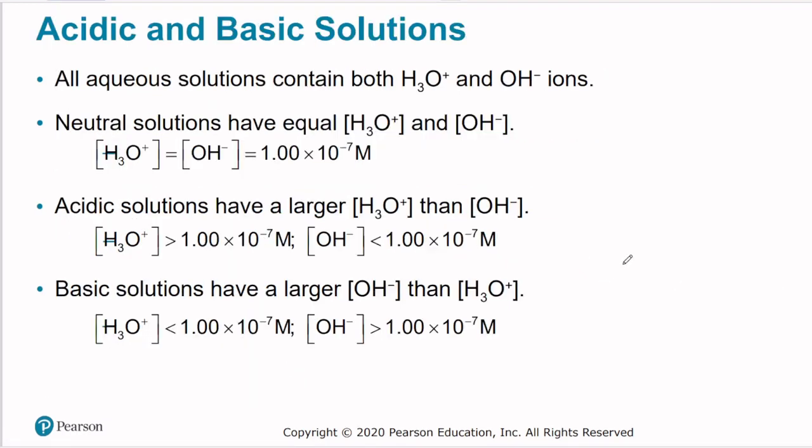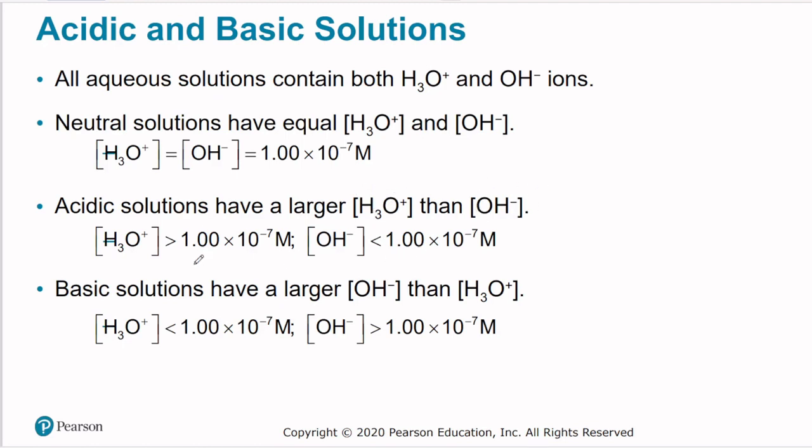So taking this one step further, all aqueous solutions contain both hydronium and hydroxide. Neutral solutions have equal amounts of hydronium and hydroxide, and they're equal to each other, and they both have a 1 times 10 to minus 7 concentration because the product together is 1 times 10 to minus 14. Acidic solutions have a larger hydronium than hydroxide ion concentration.